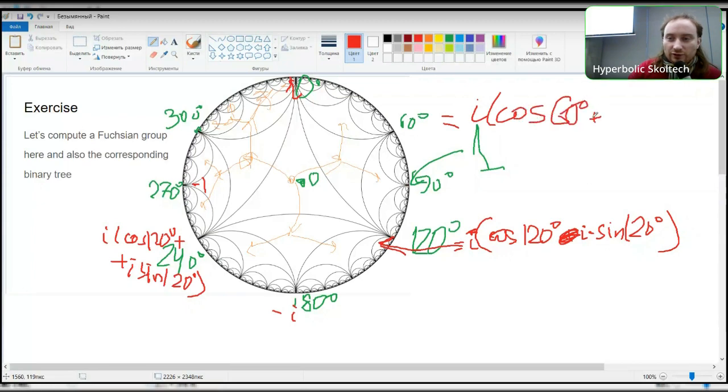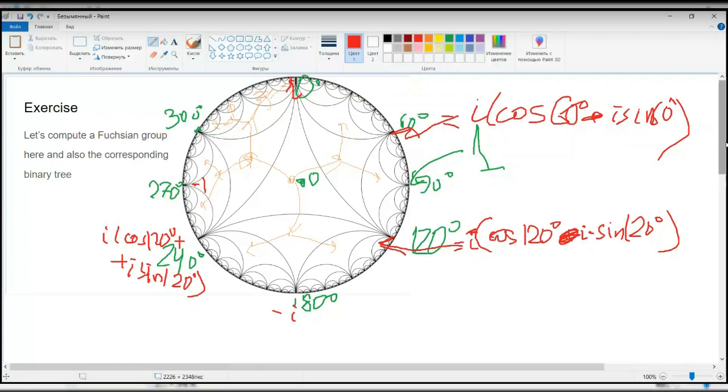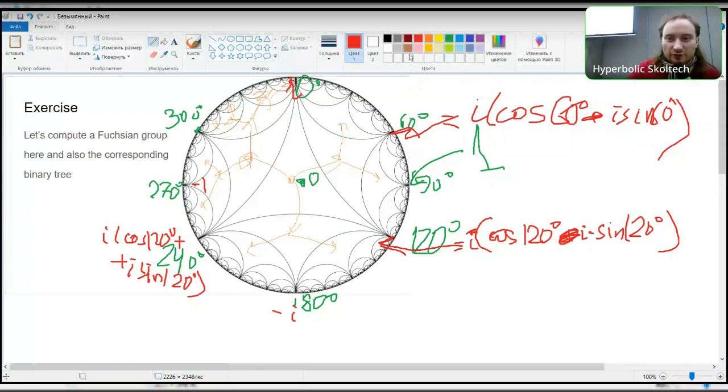So here we have a rotation of 60 degrees. And yeah, so what to do actually? How to compute any motion. Let us do the following. Let us take this triangle here and see how it can be mirrored to this triangle here.